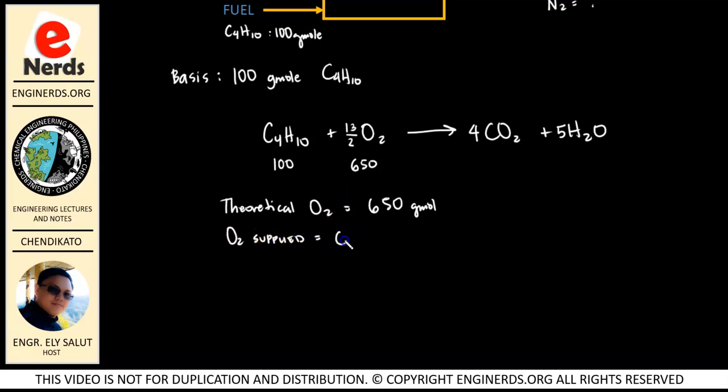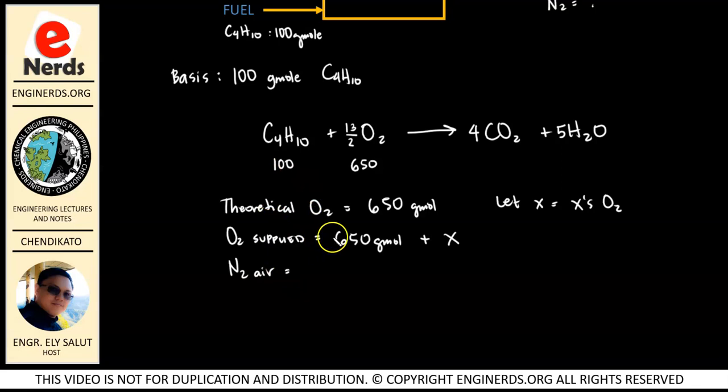So this will be 650 gram mole of theoretical O2 plus the amount of our excess O2. Let X be equal to the excess O2 to make our calculation easier. So we will have 650 plus X. That will be our O2 supplied. Now, if we know the equation for our O2 supplied, that means we can also determine the amount of N2 from air.